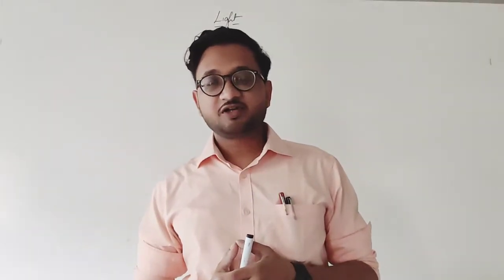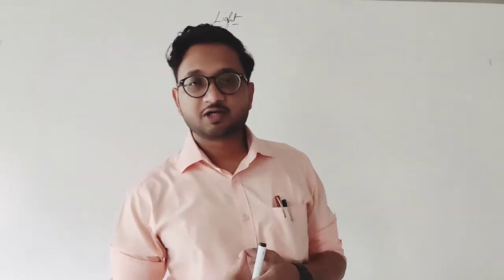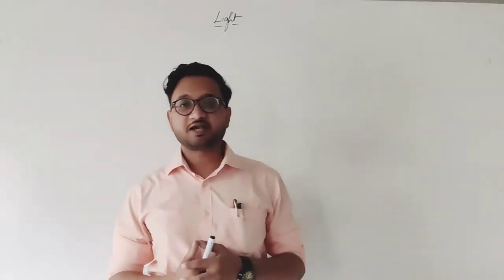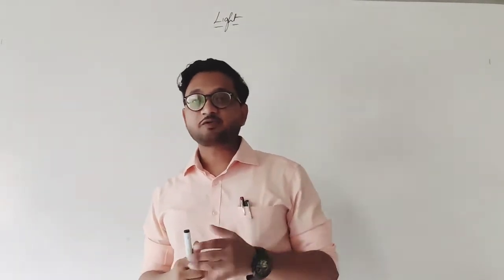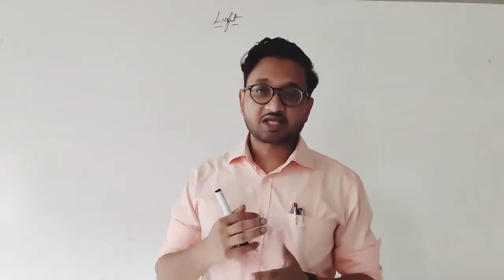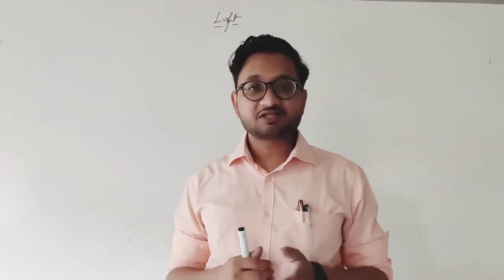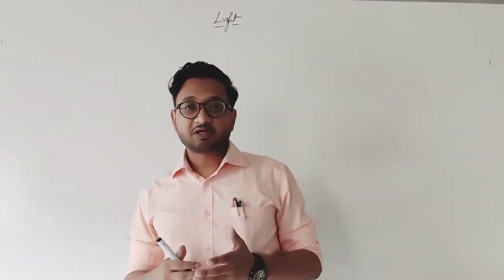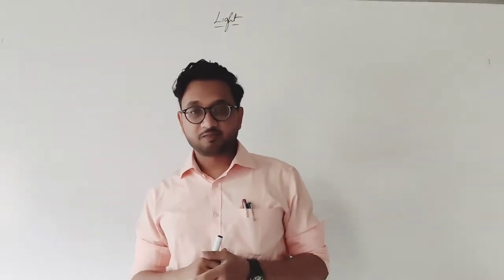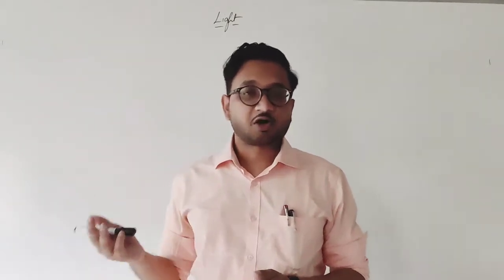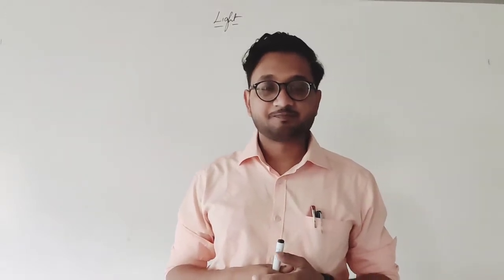In the previous video we studied the convex lenses and the image formation by convex lenses. And we also found out that the convex lens is a converging lens. Previously the same properties of the image were found for the concave mirror, because the concave mirror was a converging mirror.